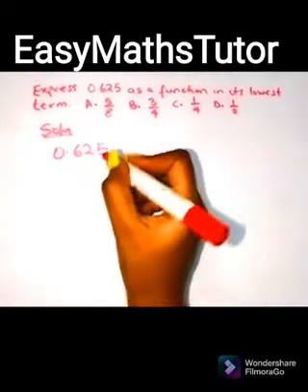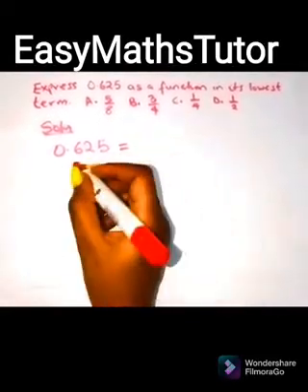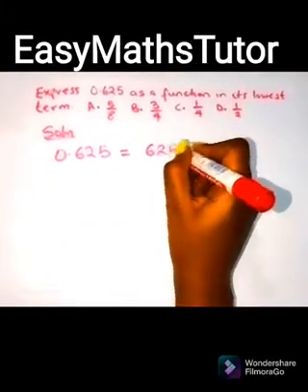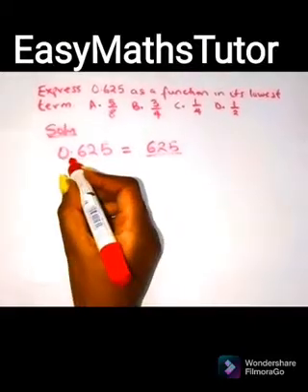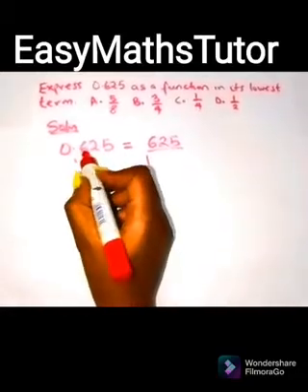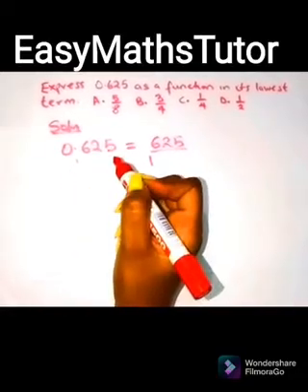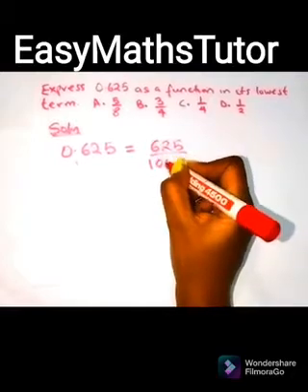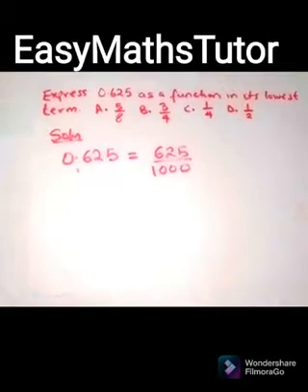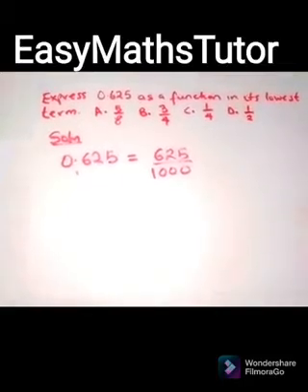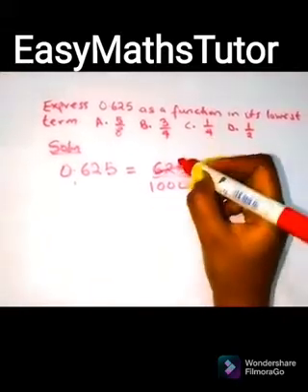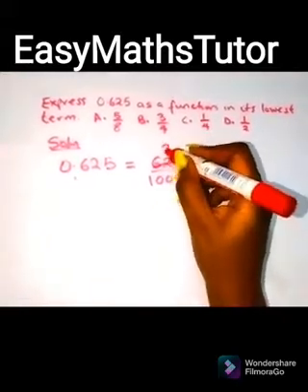0.625. So remember, if we are to convert this decimal to a fraction, it will be 625 all over. The decimal will take 1, write 1, and then each of the digits will have 0. So this is the decimal. Okay. So now I will say, let us divide through by 25. 25 goes into 62 two times.